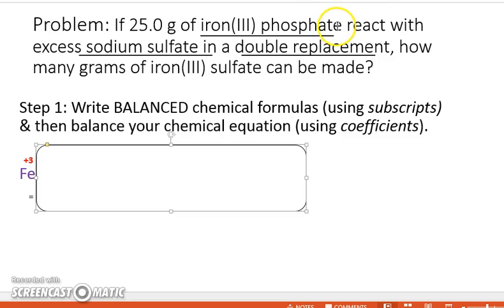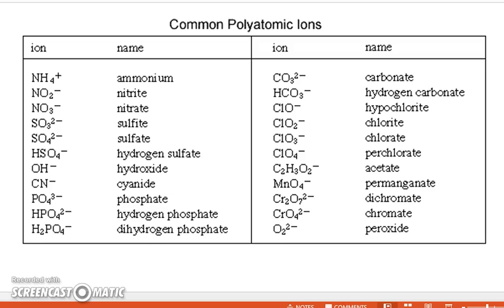So once you see ATE at the end, you're going to know it's a polyatomic ion, and you're going to go to your polyatomic ions list if you don't already have it memorized, which I'm sure nobody in the class does, but common ones like phosphate, sulfate, nitrate, chlorate, and carbonate should become common to you as we keep going through the semester. But anyways, if you don't already know it, just look down here and you'll see it says phosphate is PO4 and it has a -3 charge.